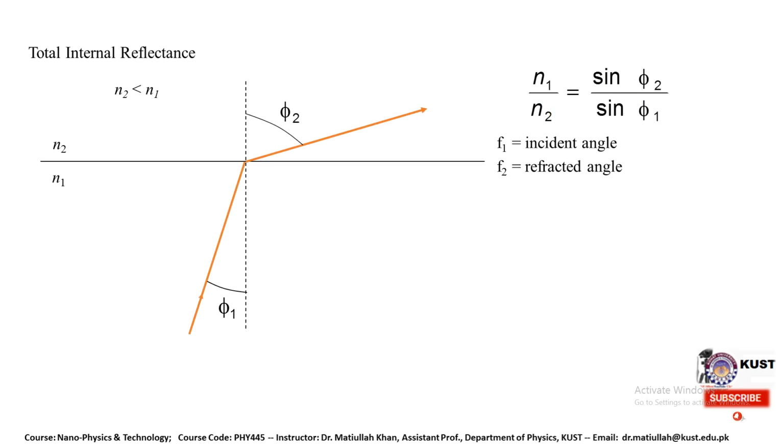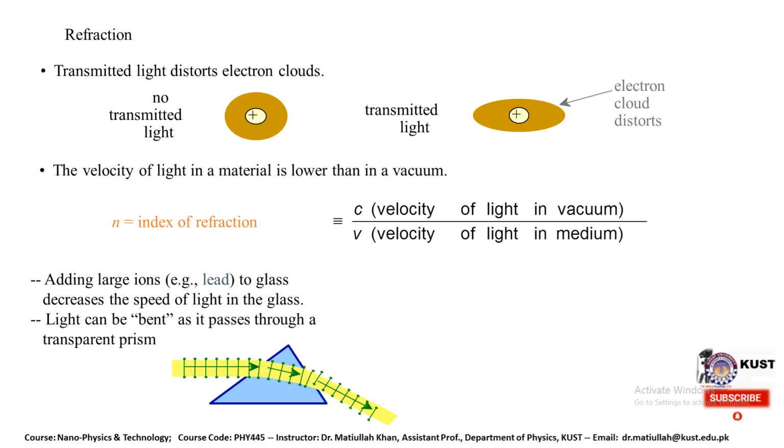Total internal reflection also occurs in some cases. We did not discuss absorption in this case, because absorption was already discussed in the last lecture, where we discussed the band structure. When a photon whose energy was equal to the band gap energy was absorbed, the absorption occurred by moving an electron from the valence band to the conduction band.